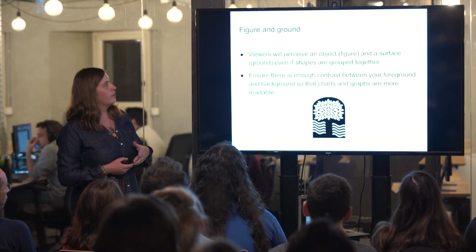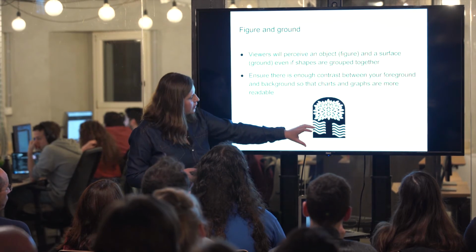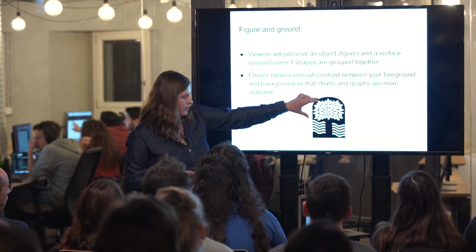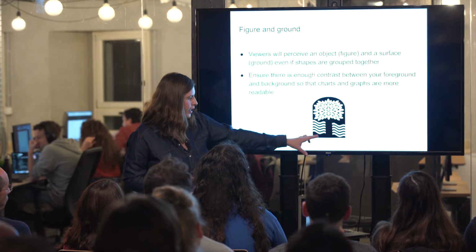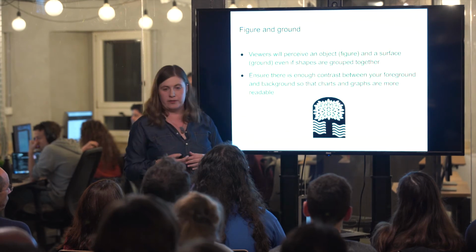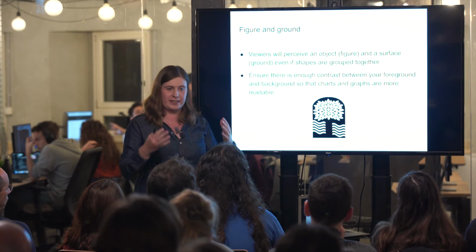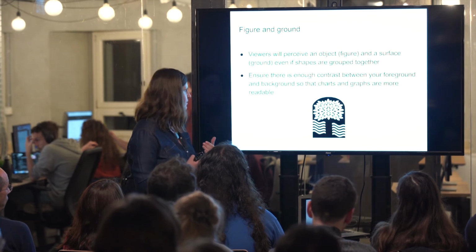Another is figure and ground. So here, if you look at it, you're perceiving a tree and the stem, and in the back, you see the river. But there's nothing like that. So this is something that we are creating as people in our mind.